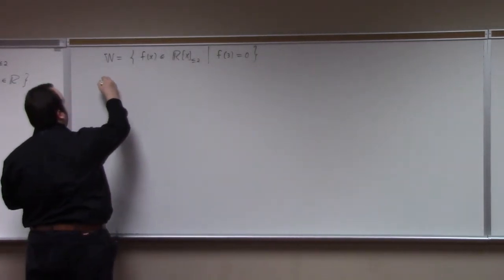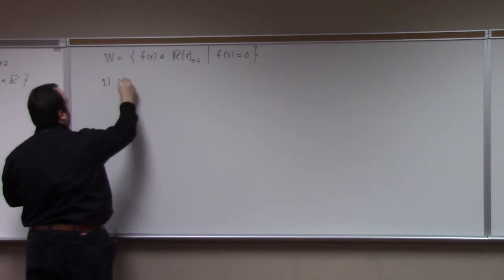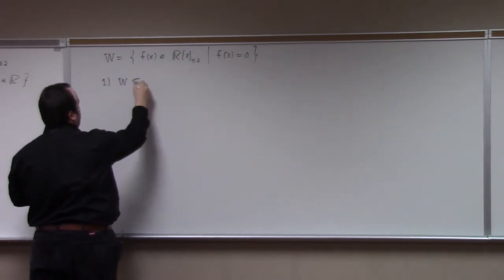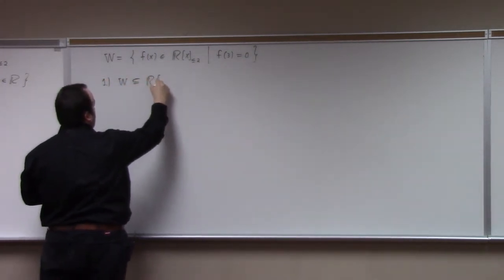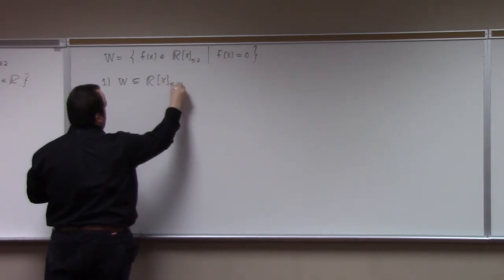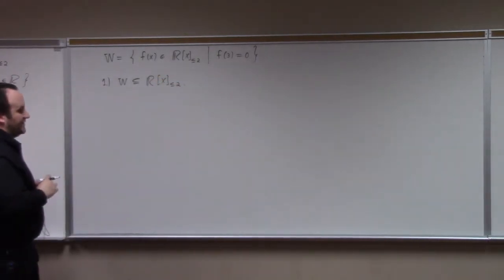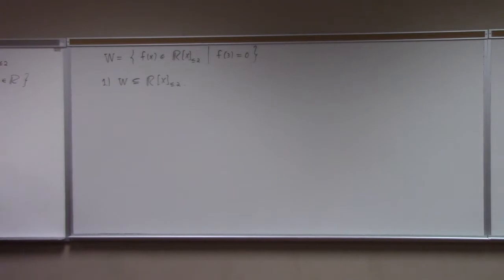So point number 1, W is by construction a subset of this vector space, right? So we definitely have that W is a subset. There's no ambiguity there. I have a remark in the notes where I say that really the subspace test theorem is a 4-step process. Step number 1 is identifying that W is honest to goodness a subset of your vector space.